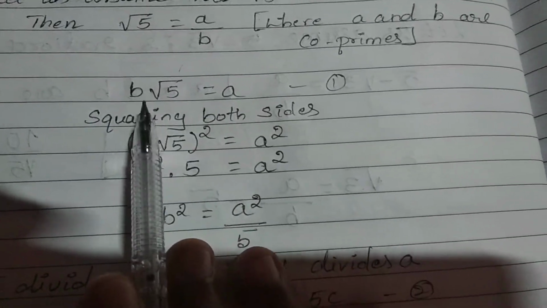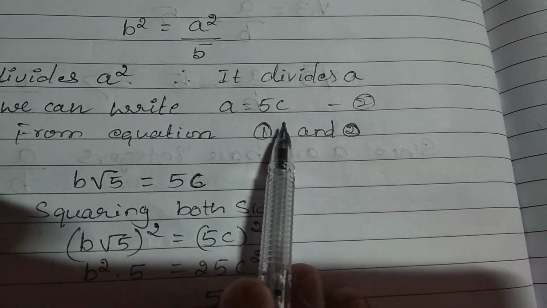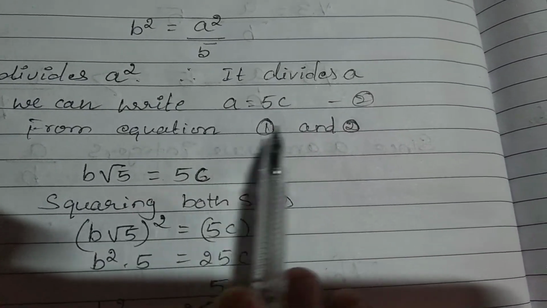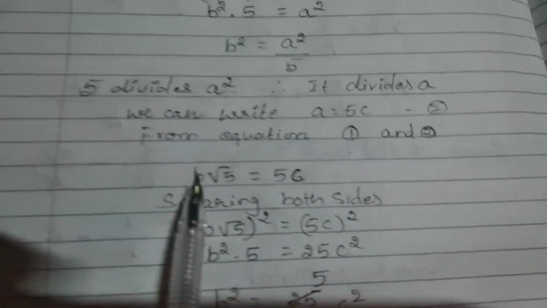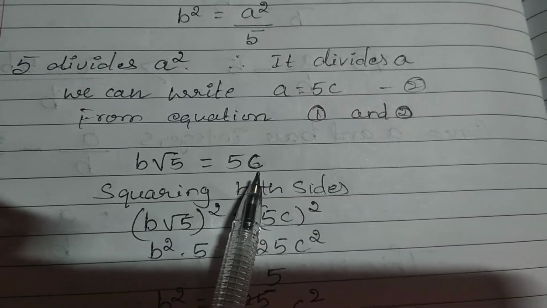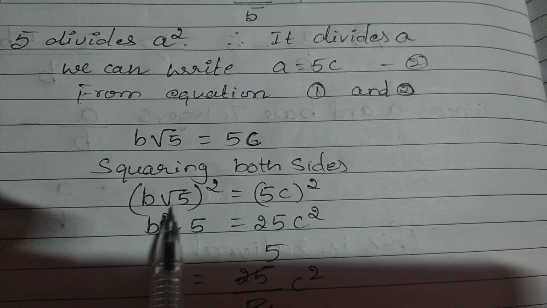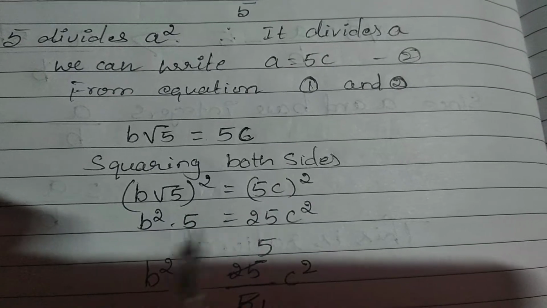Look at equation number 1, a is equal to b root 5, and equation number 2, a is equal to 5c. Now we can equate equation 1 and 2. So it becomes b root 5 is equal to 5c. Again we'll square on both sides. b root 5 whole square is 5c whole square.